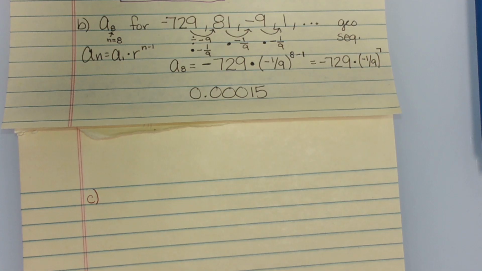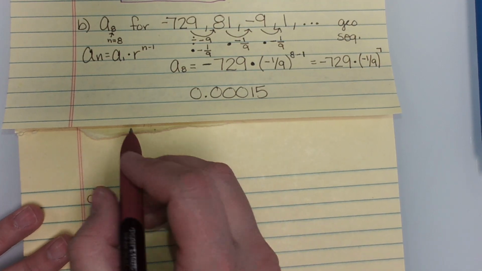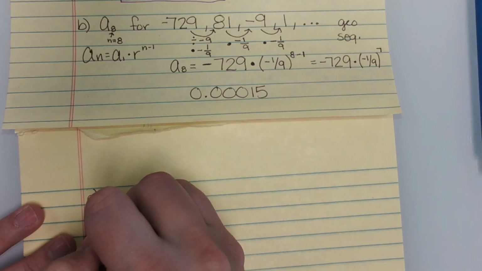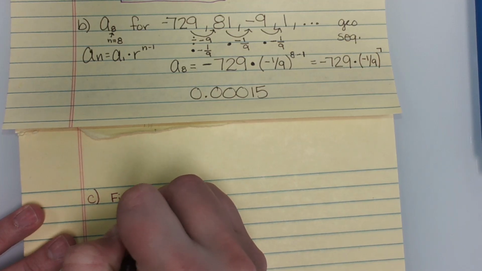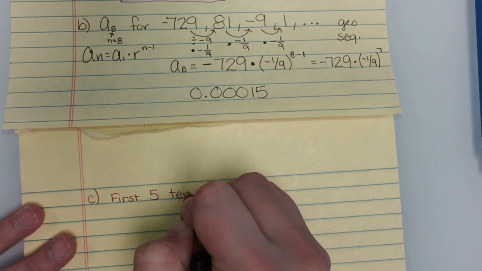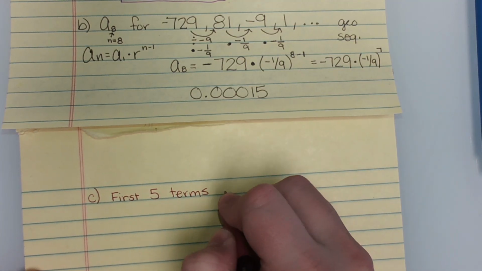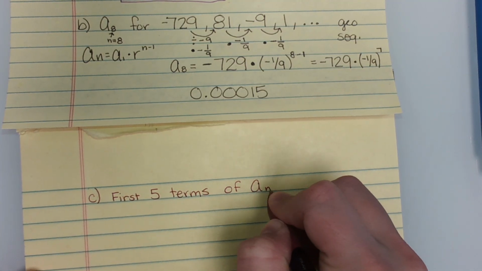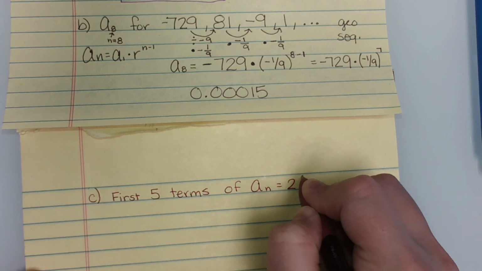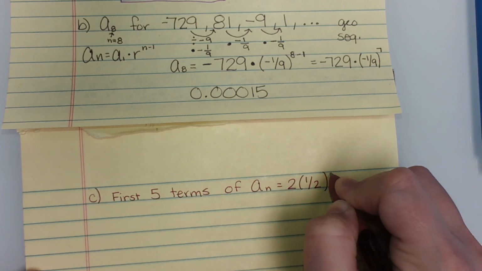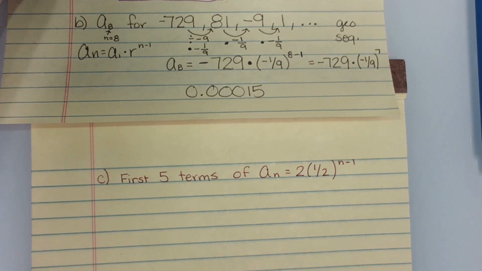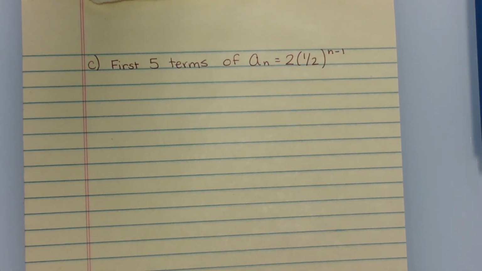Okay, one more finding-the-indicated-term problem, and then we're going to switch up the instructions. What if I ask for the first 5 terms?